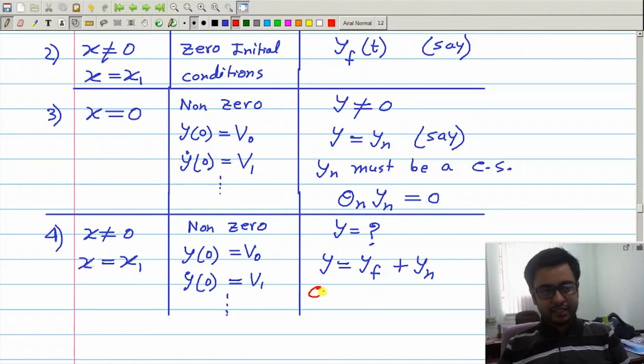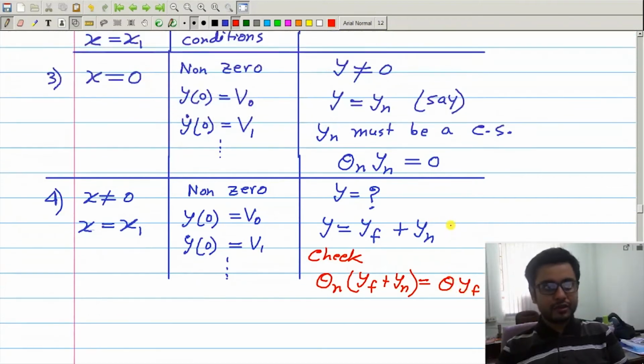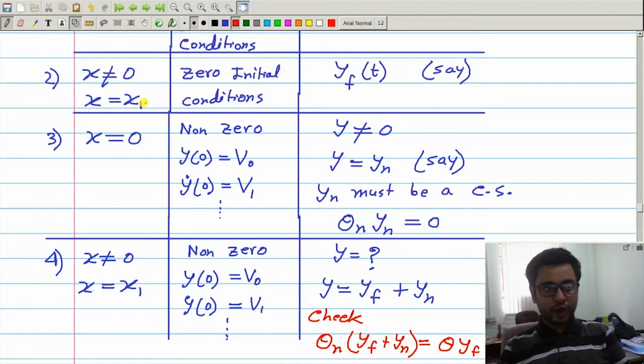You can check it for yourself that if you put here y_f plus y_n in the system equation, then this will be equal to O of y_f plus O of y_n, and O of y_f should be equal to x1 because y_f was the output for x1.